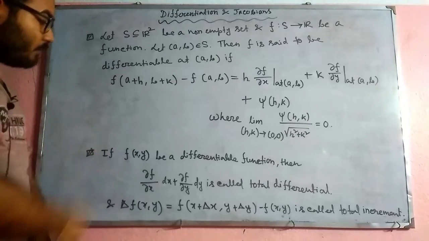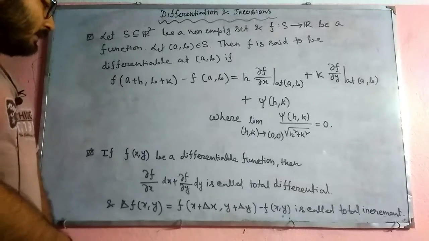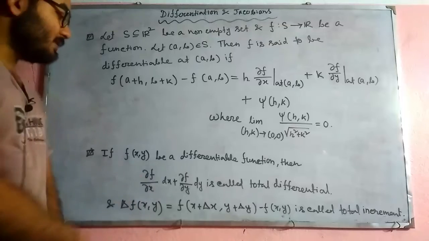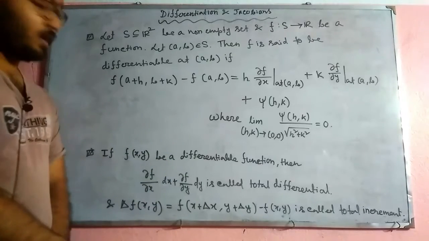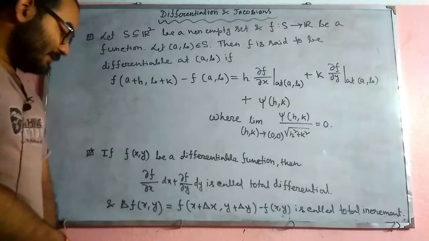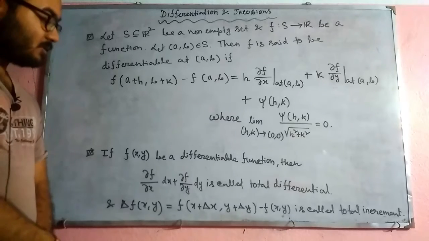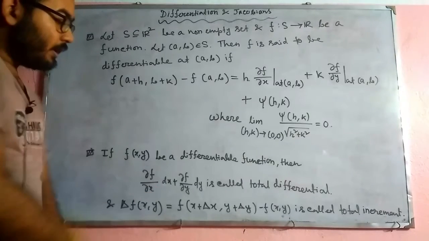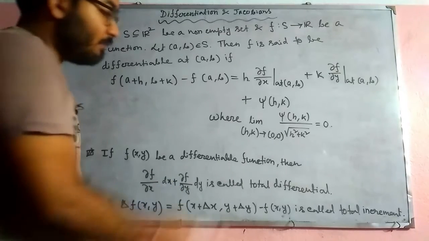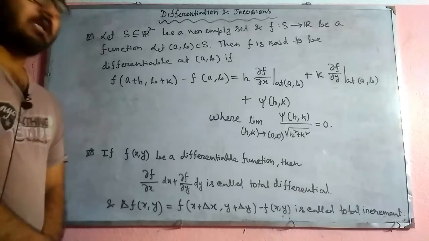If f(x,y) is a differentiable function, then ∂f/∂x dx + ∂f/∂y dy is called the total differential, and Δf(x,y) = f(x+Δx, y+Δy) − f(x,y) is called the total increment.